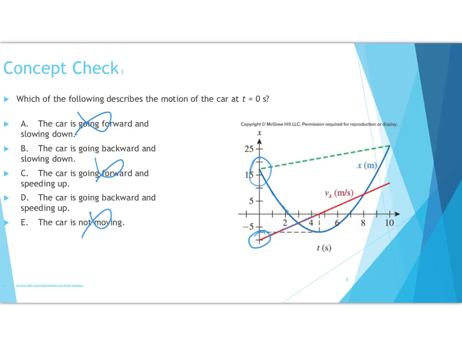But as we go from 0 to later times, we can see that it's becoming less negative. So the car is slowing down. It's not speeding up, because speeding up is referring to acceleration. So it's actually going to slow down. It's going to come to a stop, and then it's going to increase in the positive direction. So we're going to answer part B.